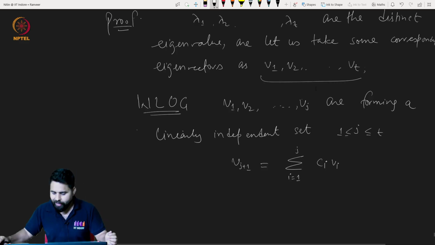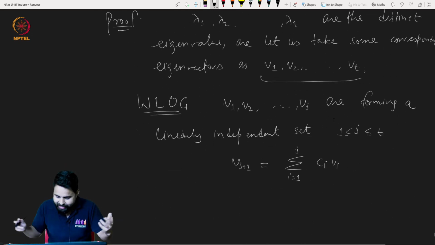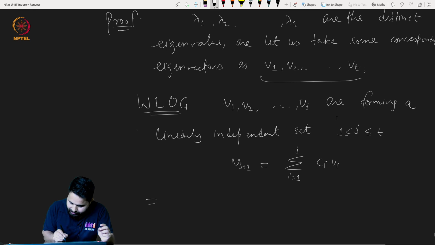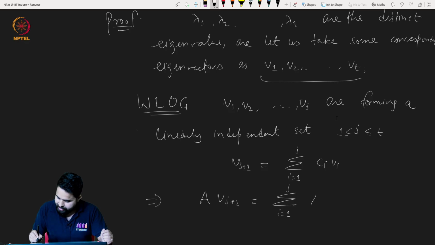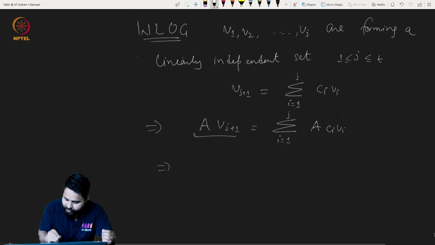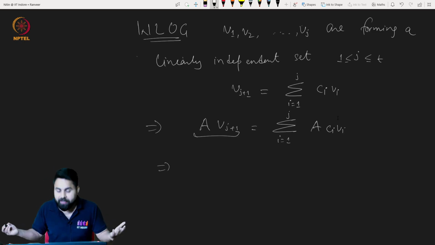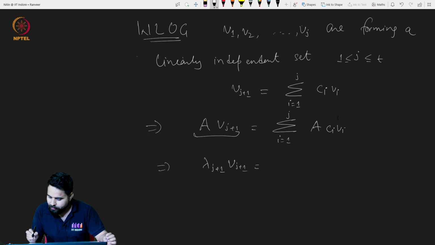Okay, very simple. Now let us multiply this with the matrix, suppose the matrix was A, an n cross n matrix. So A times v_{j+1} you can write as the summation from 1 to j of c_i A v_i. Now, due to the definition of eigenvector and eigenvalue, this quantity will be nothing but lambda_{j+1} times v_{j+1}, equal to this.